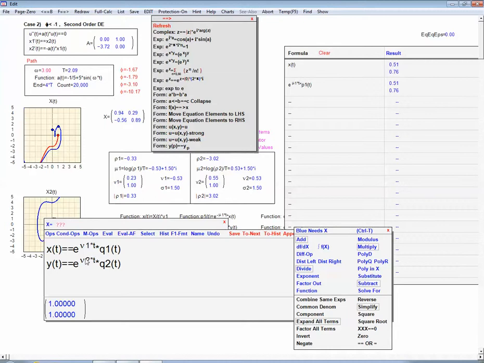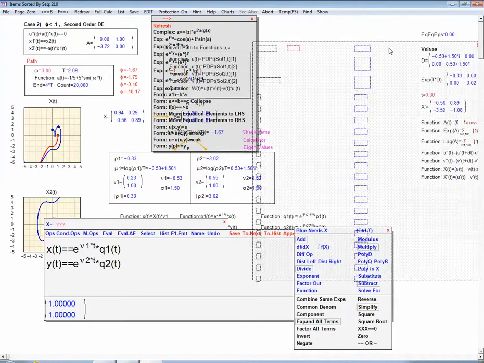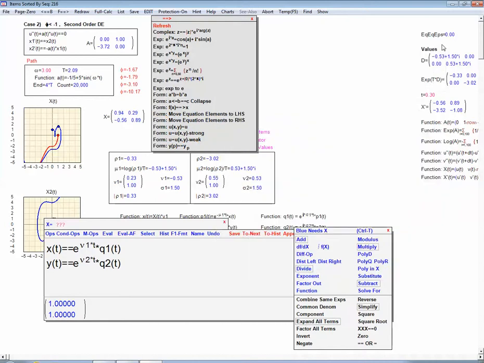Okay, so that suggests how we come up with our decomposition of x and t.